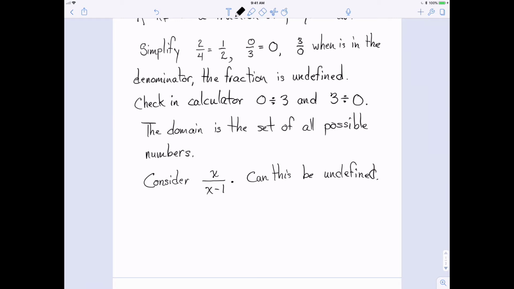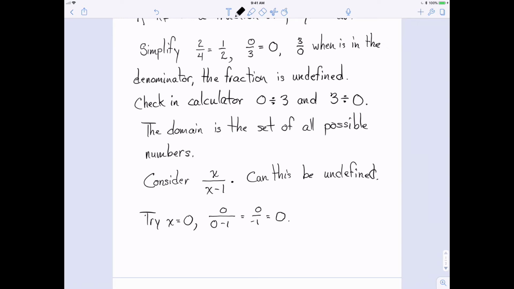For example, let's try, what happens when x is 0? Well, that would mean I'd take 0 over 0 minus 1. Well, this is going to give me 0 over negative 1. But we already just found out that when 0 is in the numerator, that's just 0. So x can be 0.